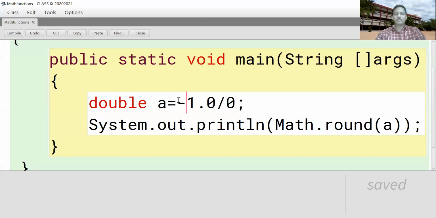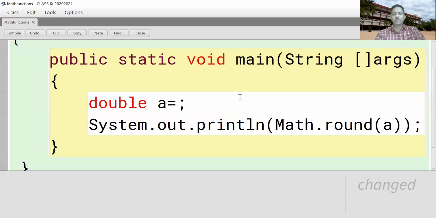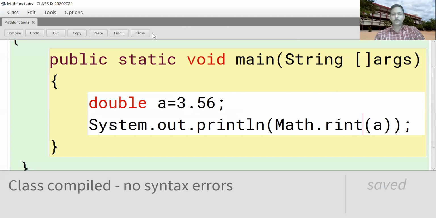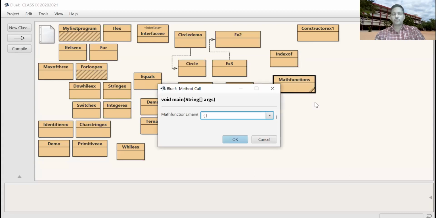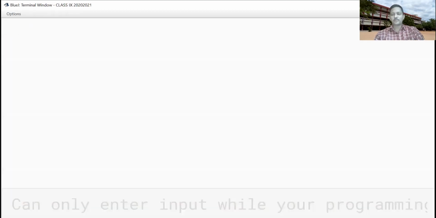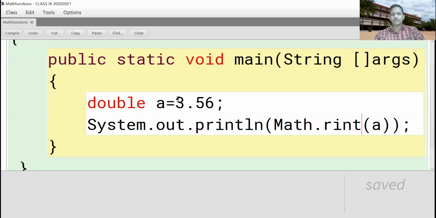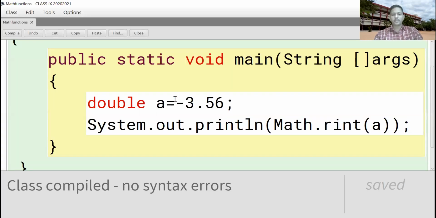Take the rint method. First point, positive or negative. Rint. Now here observe the output. 4.0 you will get. Next, negative number, minus 3.56.